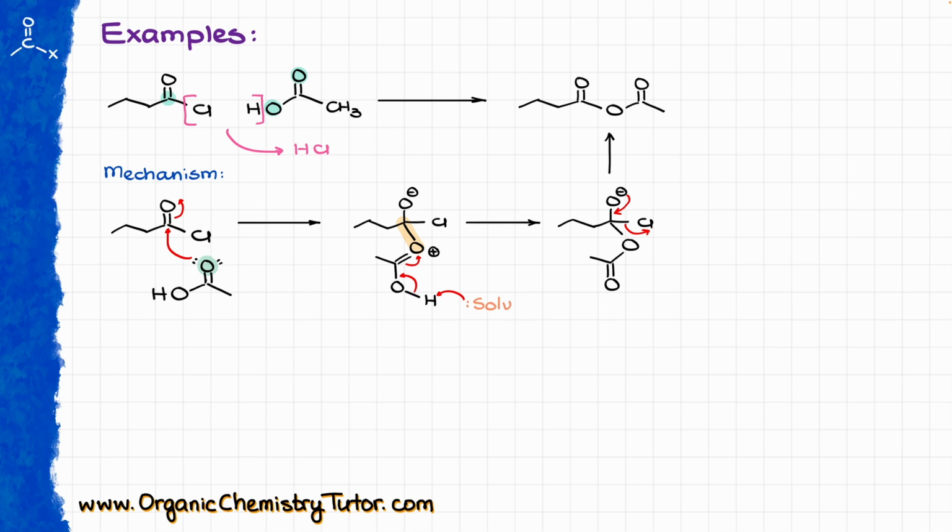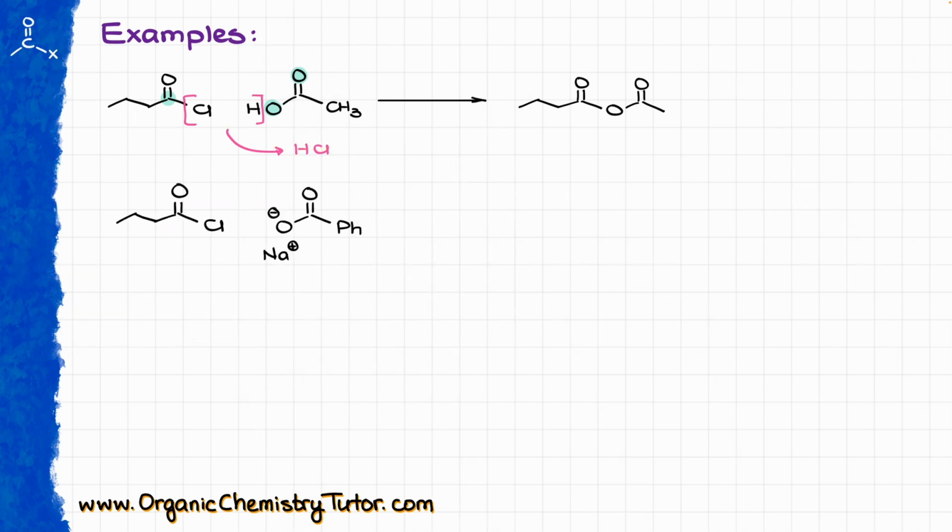Now, instead of the neutral nucleophile that I have over here in the form of my carboxylic acid, I can always use a negatively charged nucleophile, which in this case would be a carboxylate. Now, let's imagine the situation where I'm using my acid chloride as my starting material, and I'm reacting it with sodium benzoate, which is a negatively charged carboxylate.